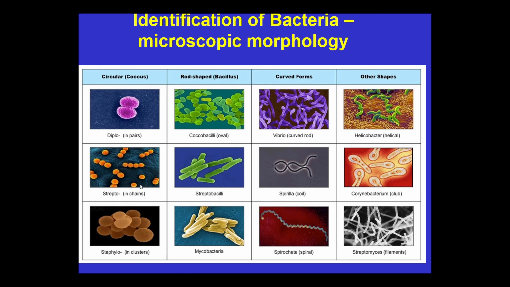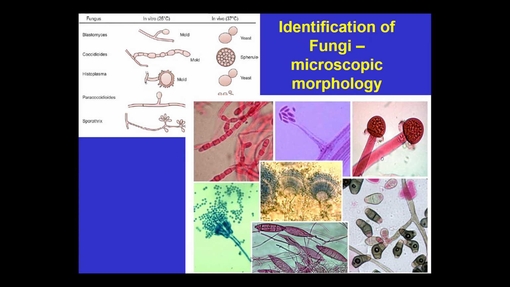That is what we see as a result of microscopic morphology of bacteria. See how much information we may get from here: the shape of bacteria, the presence of spores, the arrangement of bacteria. If we are going to culture fungi, there is not so big a difference in the identification of fungi and bacteria.